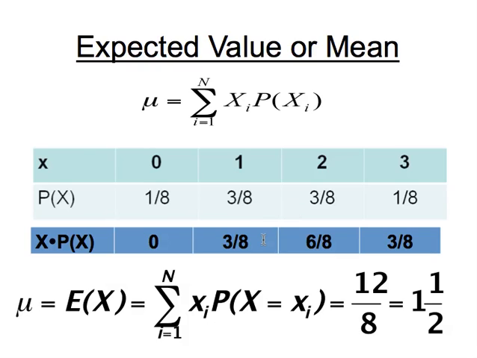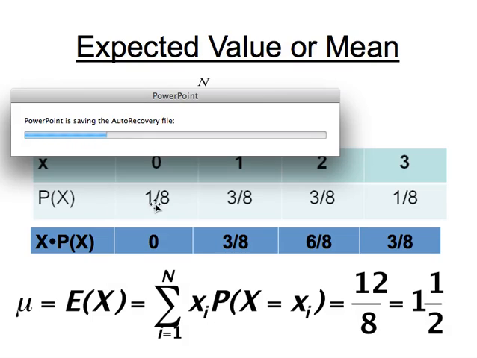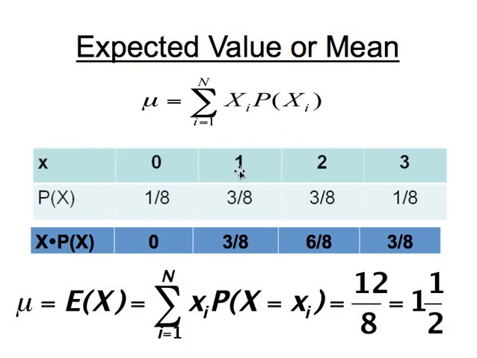So let's again look at that table for the family of 3 children, where the number of girls was our x random variable. We need to find the mean or the expected number of girls in a family. The formula says x times the corresponding probability. The first x is 0, corresponding probability 1 over 8. The next x is 1, with probability 3 over 8.